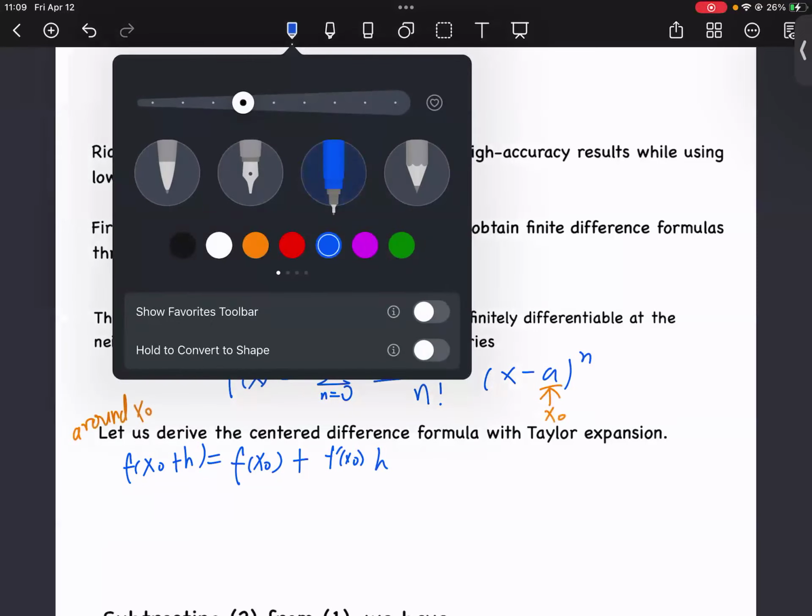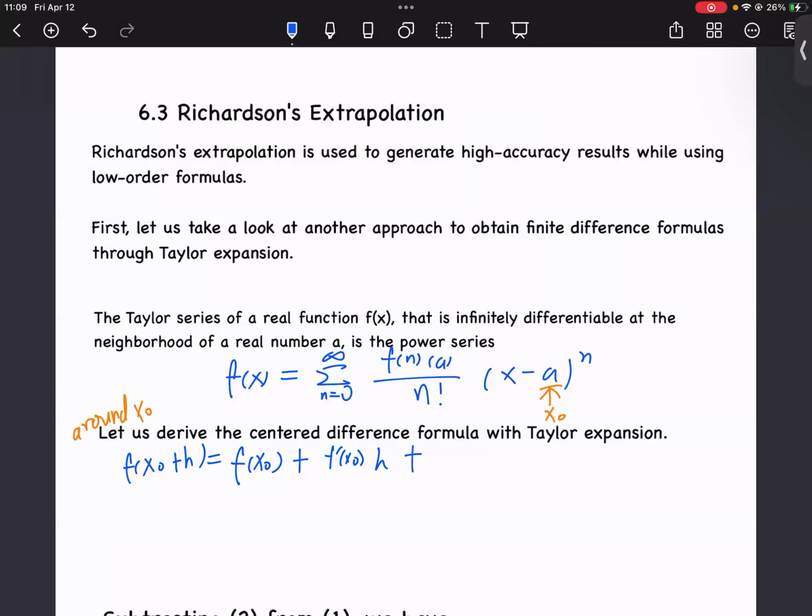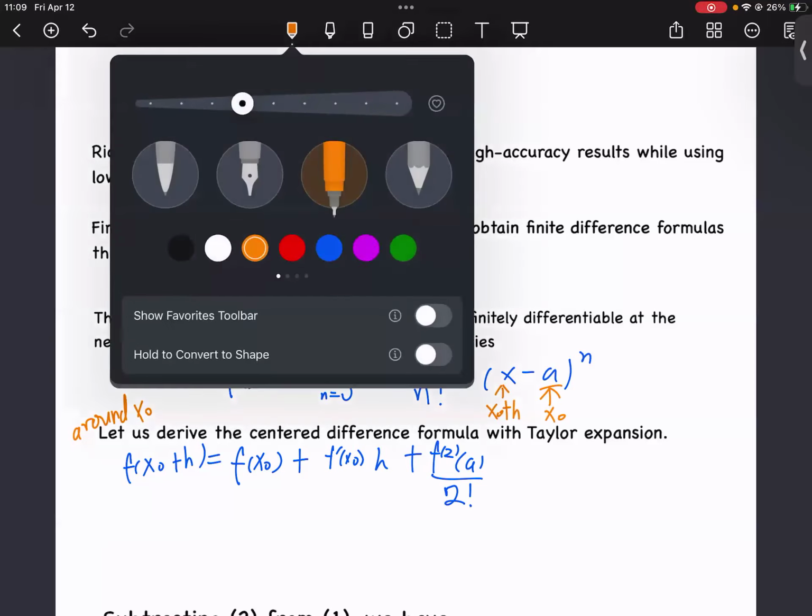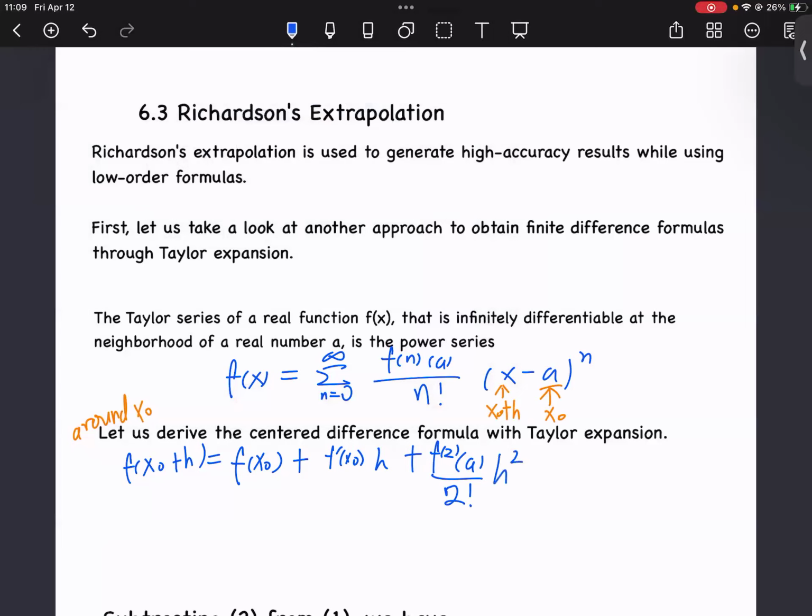And then the second item should be plugging in n equals to 2, and then I got the second derivative, and then 2 factorial. And for this expansion, this one is x0 plus h, so this one should be h squared. And the third derivative, and then h is cubic. Am I right here? Yes, it's correct.